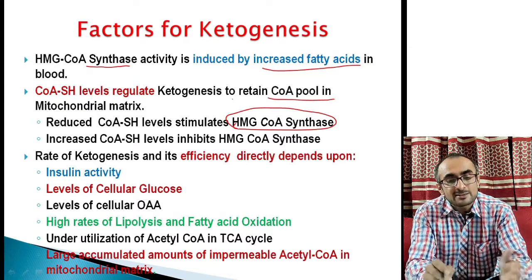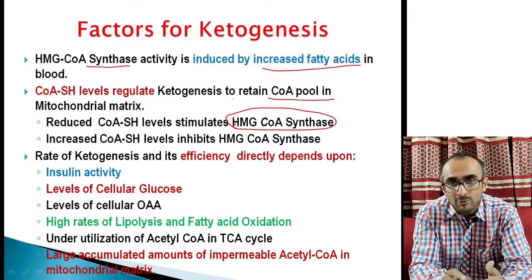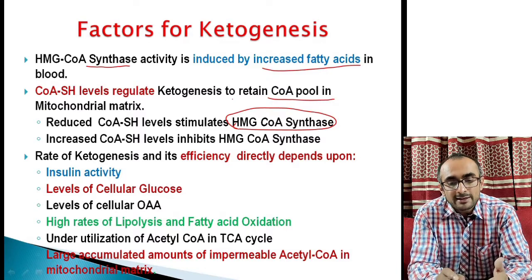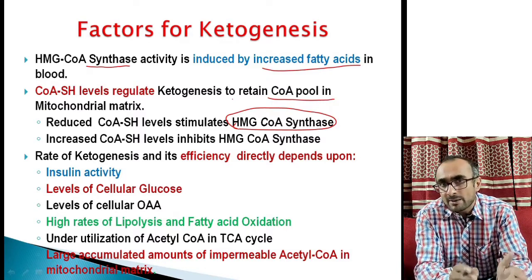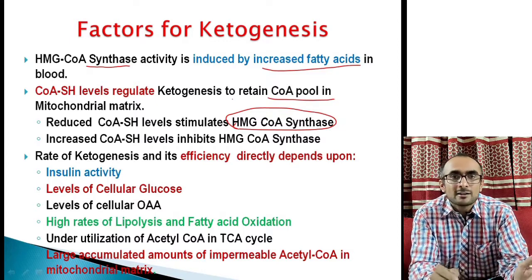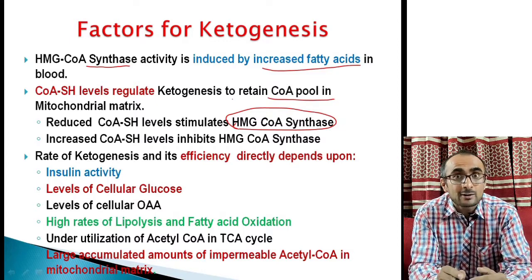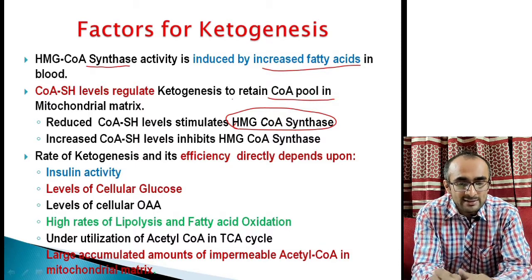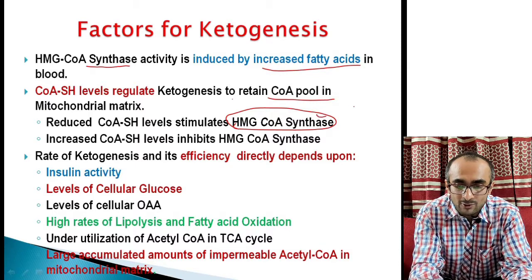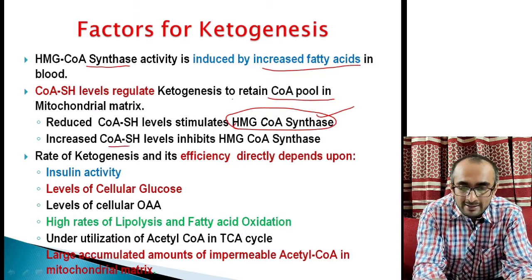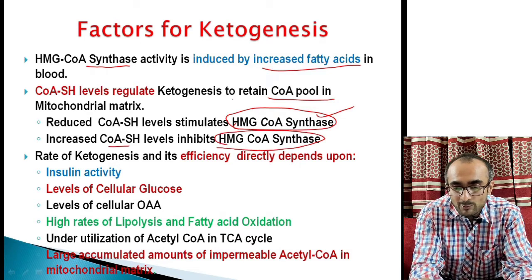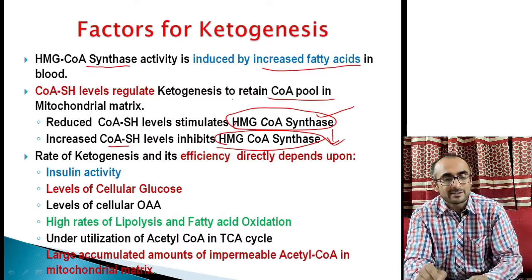So if coenzyme A is present in low concentration in the mitochondrial matrix, ketone body synthesis should occur, so that some coenzyme A molecules are released, which are trapped in the form of acetyl coenzyme A. That's why reduced coenzyme A level stimulates synthesis of ketone bodies, and if coenzyme A is present in high concentration, it inhibits HMG coenzyme A synthase, so ketone body synthesis is limited.